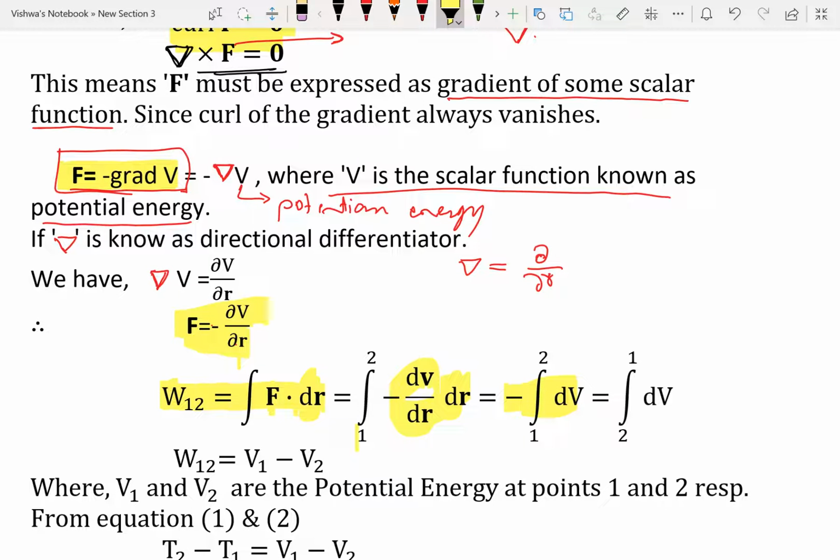Now change the limits. When you change the limits, it will get minus sign. So minus becomes plus. For that, this is from 2 to 1 of dv. Here the integral limits are 1 to 2, but here 2 to 1. So taking minus sign, one minus is there, again here one more minus, then it becomes plus.